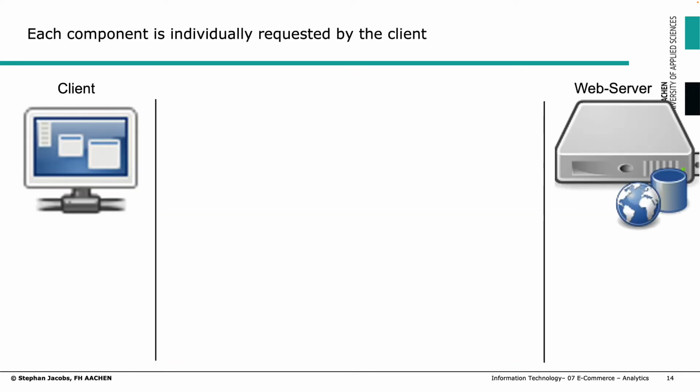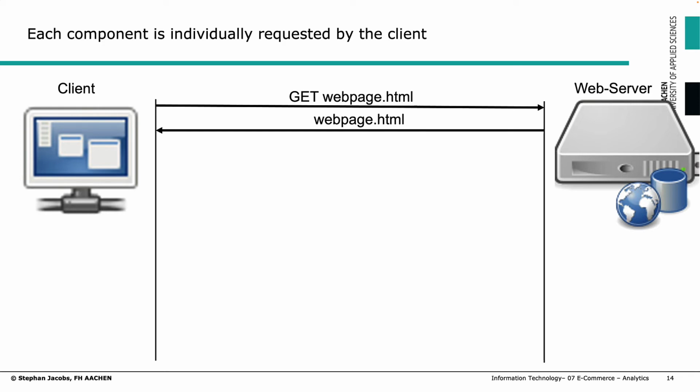So let's again have a look at the communication between client and web server. The client sends a GET request asking for webpage.html to the web server, and the web server delivers this web page to the client. Now the browser checks the content of the HTML and sees that there are components which have to be requested.